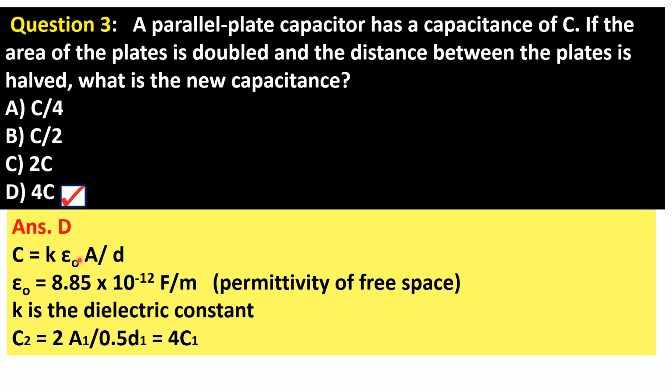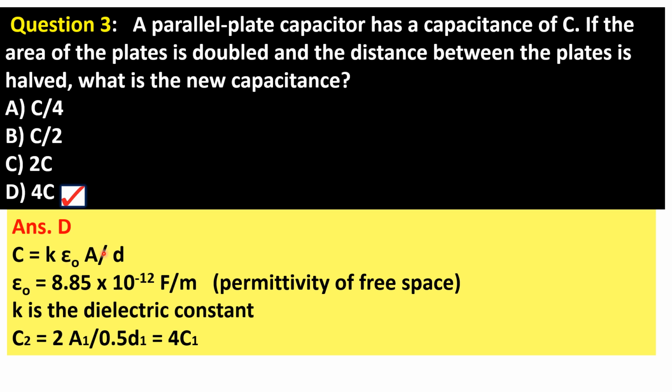So practically, when air is the insulating material, the dielectric, that is almost the same as having the capacitor in a vacuum. Now, this other constant, we call this the permittivity of free space. That is a universal constant, which is equal to 8.85 times 10 to the negative 12 farad per meter. This is epsilon naught, the symbol for permittivity of free space.